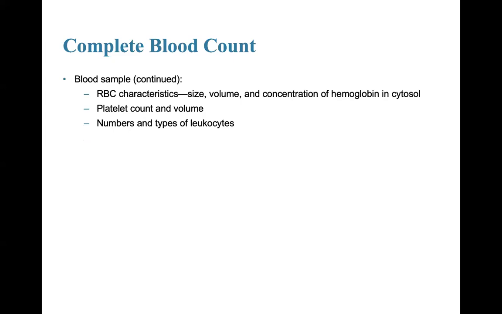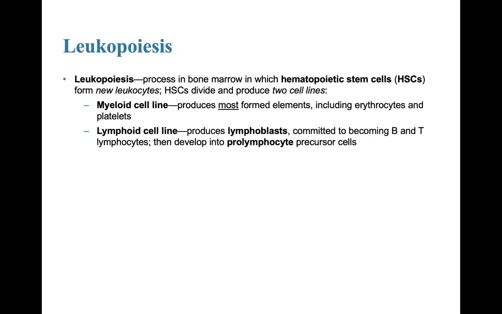With the complete blood count, they'll look at red blood cell characteristics in the blood sample: the size, the volume, and the concentration of hemoglobin in the cytosol. They'll also do a platelet count, and the numbers and types of leukocytes. Again, the numbers and types of leukocytes are very important because if they see one particular type of white blood cell that's elevated, that could be indicative of a particular type of infection.